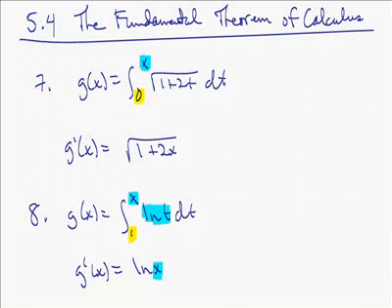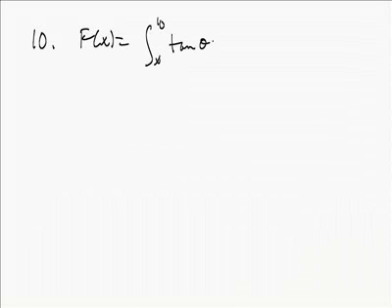Okay? Now they can get a little bit trickier. For example, number 10, let's try this one. We have capital F of x is the integral from x to 10 of the tangent of theta d theta. It doesn't matter what this variable theta is; again, the integration variable is a dummy variable. What we can say is that this is equal to the negative.